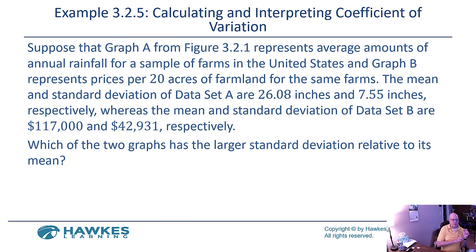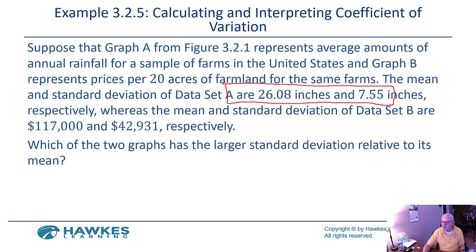You've got some rainfall, and you've got a sample of farms, and you've got a graph coming up, and you've got the mean and standard deviation for set A. Notice they're both in inches.